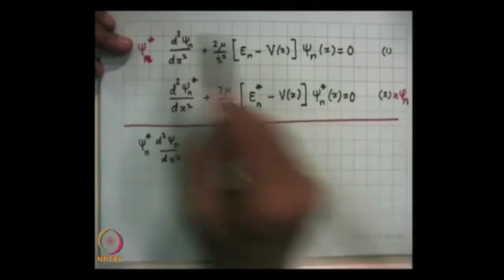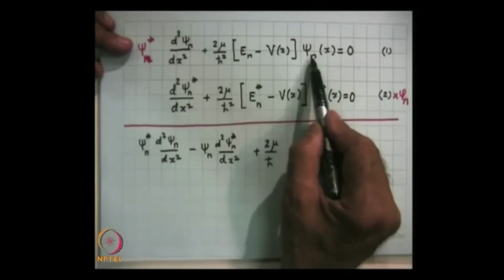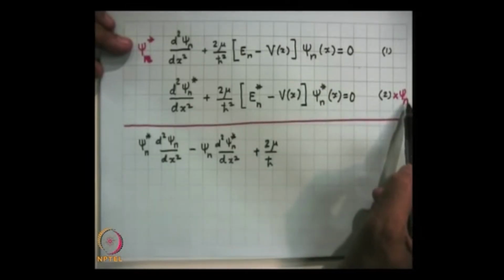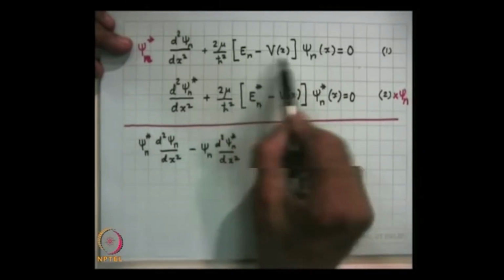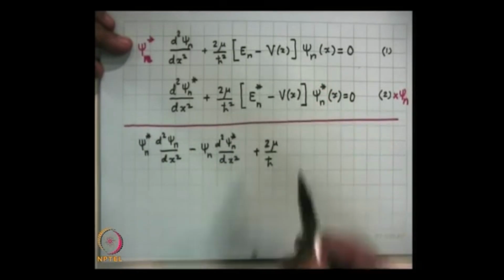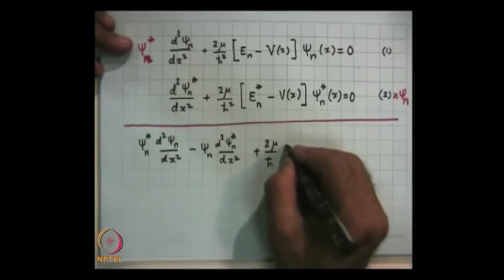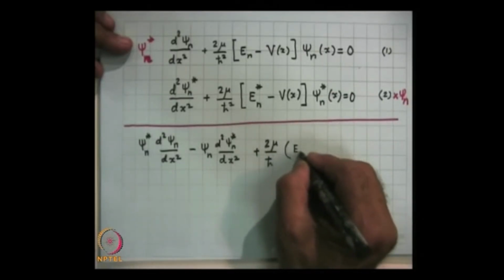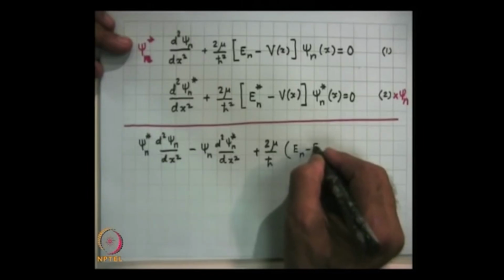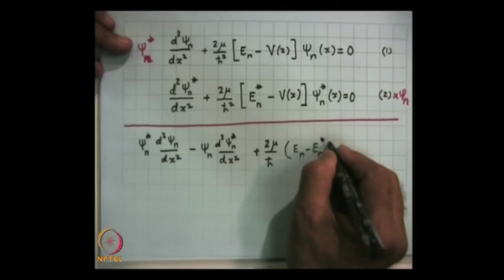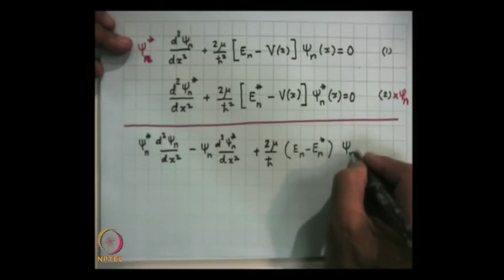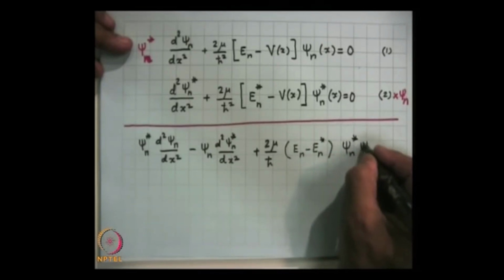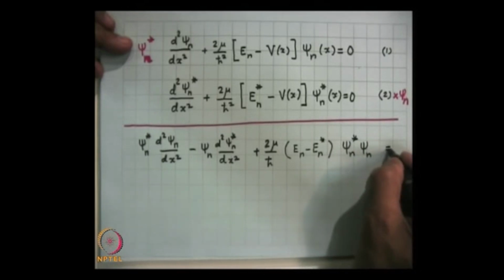Please see this, here also it is psi n star psi n, here also it is psi n star psi n. So, if you subtract this from this, the V will cancel out, we will have E n minus E n star multiplied by psi n star psi n equal to 0.